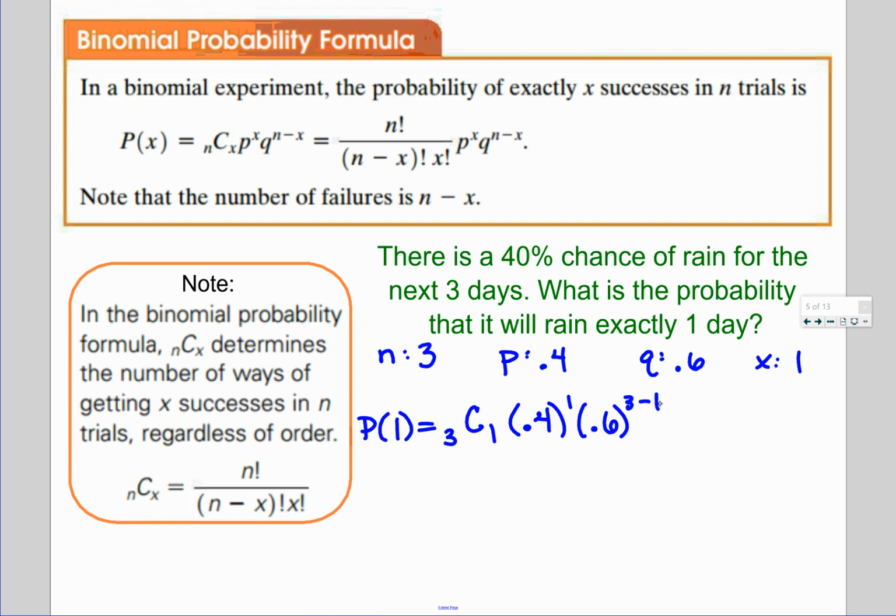It's going to have to add up to n total, or 2, whatever works. So this is pretty much saying I have 1 success and 2 failures. That's what our powers are telling us there.